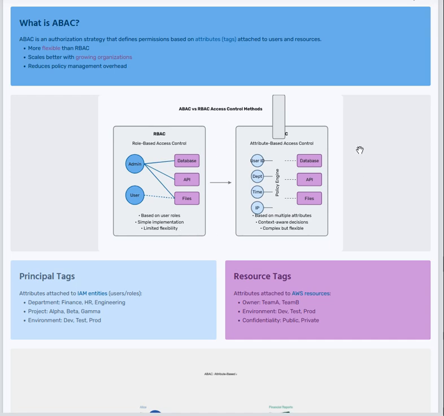Attribute-based access control all depends on tags. The user ID, and then you can tag the department, and you can tag time, and you can tag IP, and according to that, you can tag these services, whatever access is needed, based on multiple attributes.